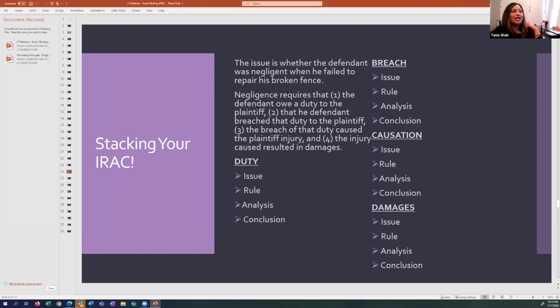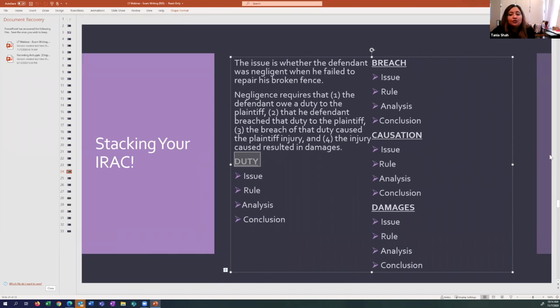But each element that must be proven has its own little mini IRAC, right? Duty has its own mini IRAC, breach too, because remember in law school, you're learning these throughout as their own law almost. And then you're like, oh wait, they all come together.